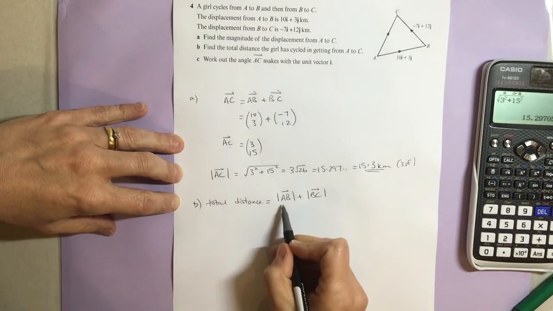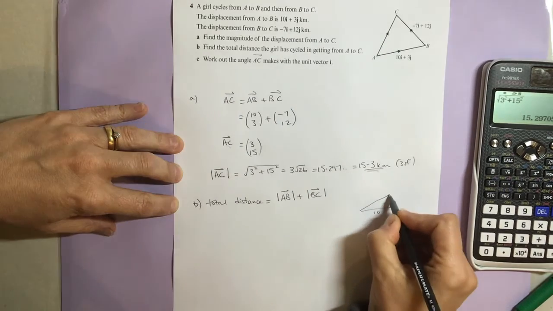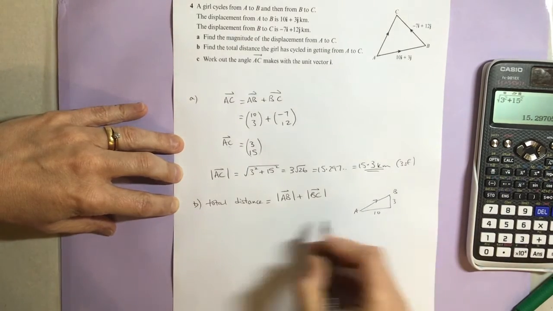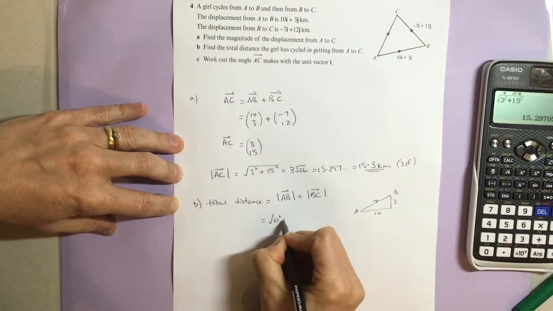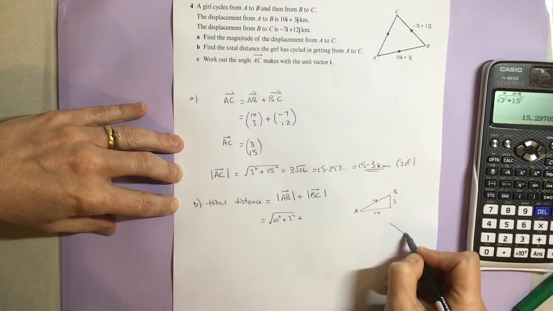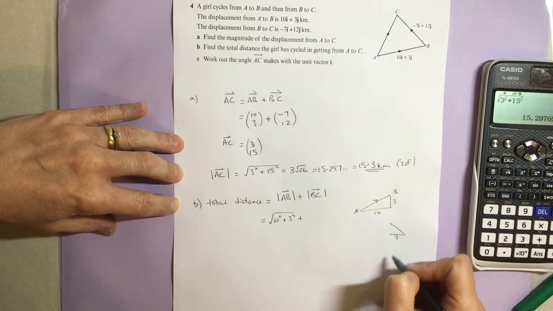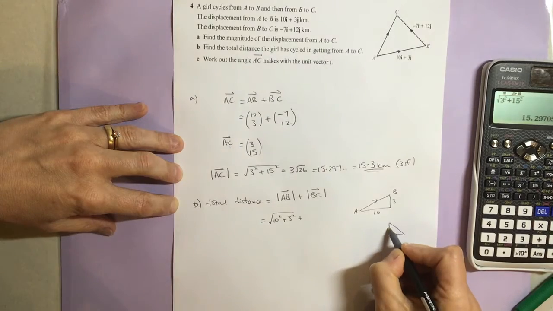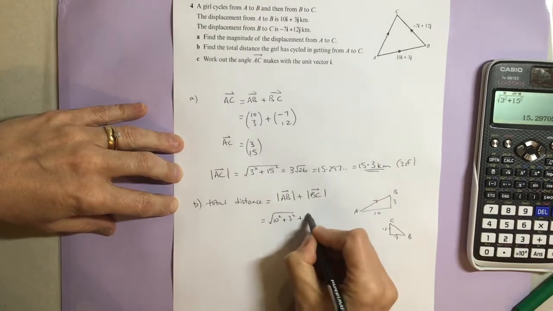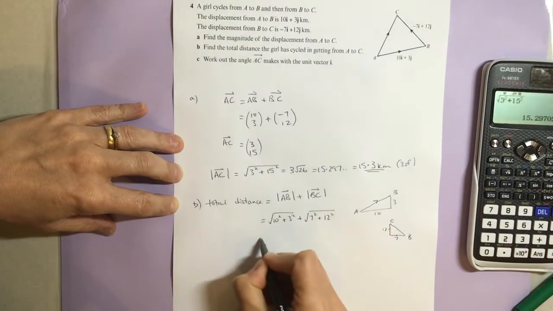Okay, and AB then, is this vector 10, 3, so 10 across, 3 up. Bit of Pythagoras here. And BC, this vector, is 7 across in the negative x direction and 12 up. Clearly not drawn to scale, but there we go. And again, a bit of Pythagoras, 7 squared and 12 squared.